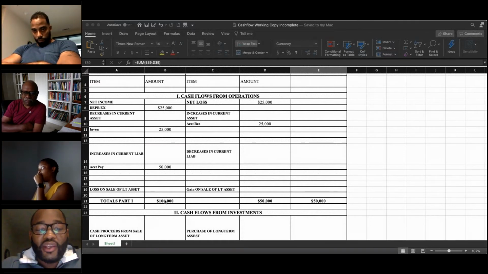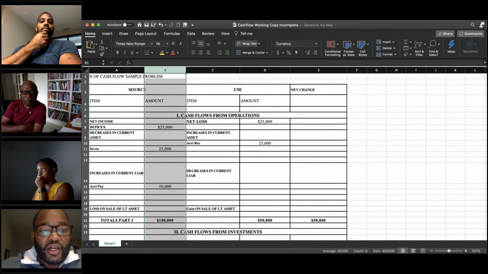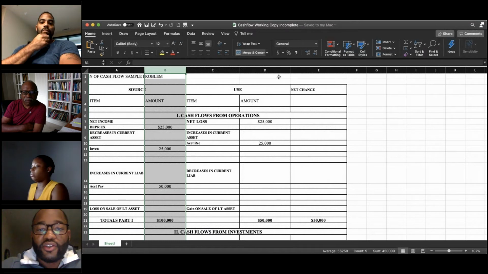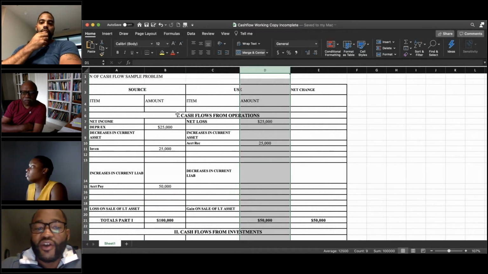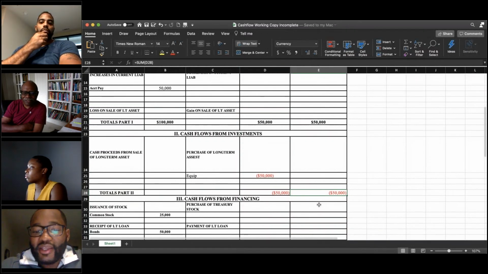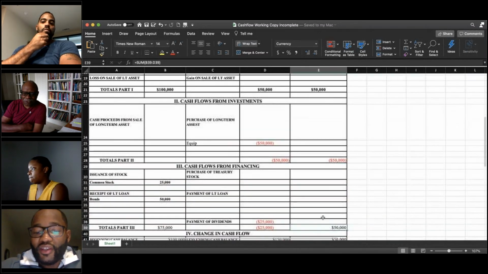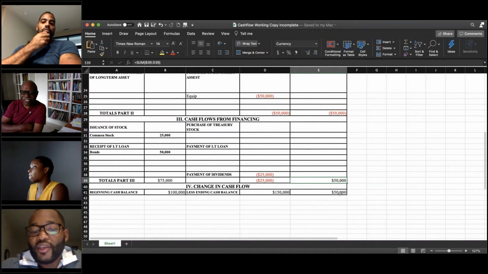And then right here, we also didn't take into account that the source column exceeded the use column. So instead of finding the difference, we found the sum of it, which gave us 150 instead of giving us 50. Okay. Because when we made that change, it adjusted down here back to 50 where it's supposed to be. Because those cancel out, 50 is remaining, and our cash flow is also 50.